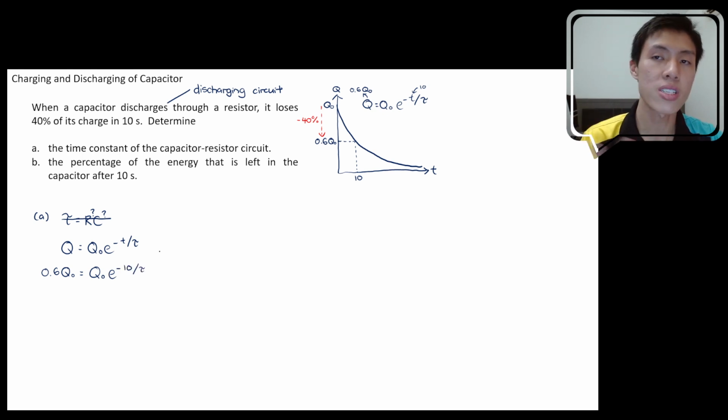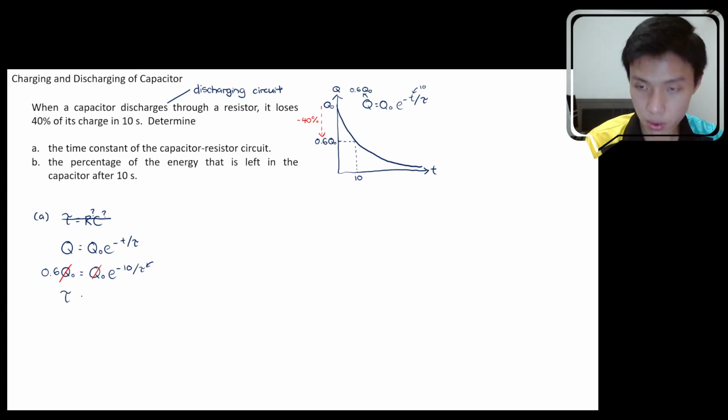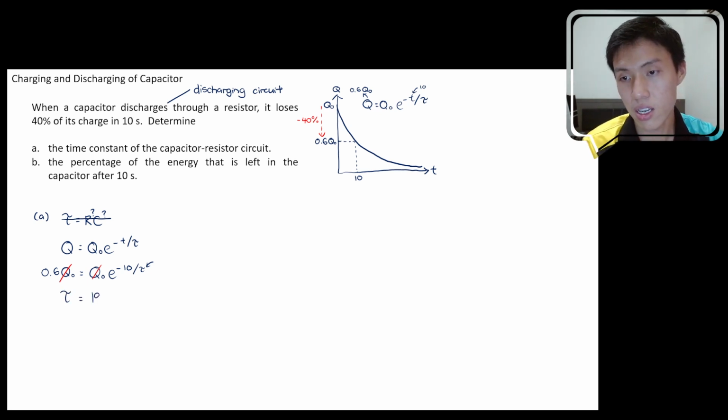The process that we are undergoing here allows us to determine our tau, because that's the only unknown that we have here. There's Q naught inside this equation, but we are going to cross it out because it appears on both sides of the equation. If you proceed to do your calculation, I believe you can get your tau to be equal to 19.58 seconds. So this is what you get.